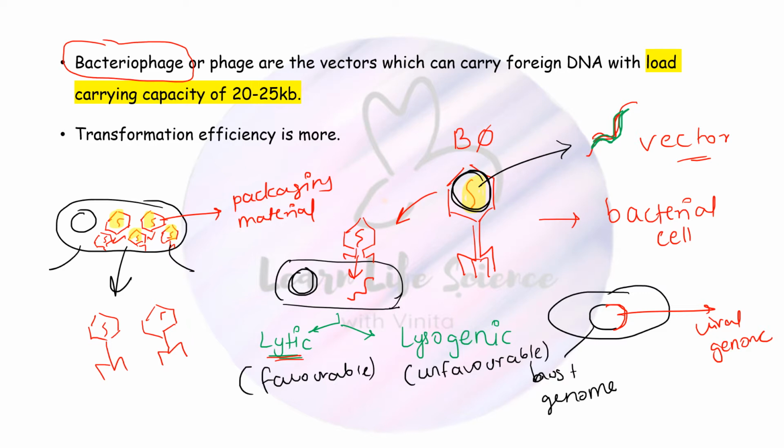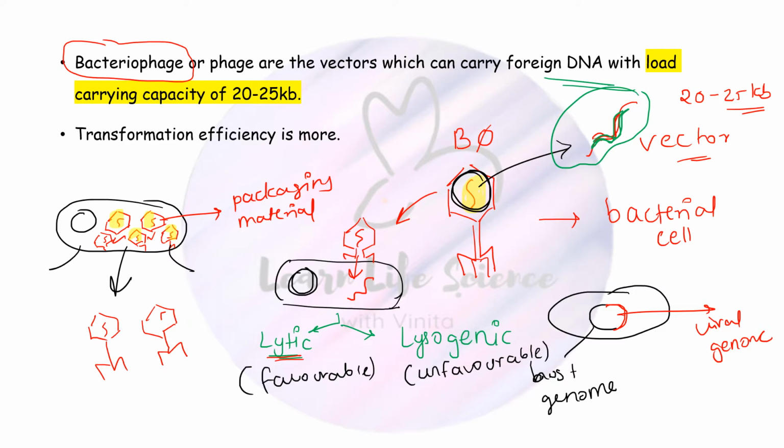Now bacteriophages or phages are vectors which can carry foreign DNA with a load carrying capacity of 20 to 25 kb. Means this bacteriophage genetic material can carry foreign DNA of around 20 to 25 kb. Okay, you can insert this much size of foreign DNA into the vector, means the bacteriophage DNA.